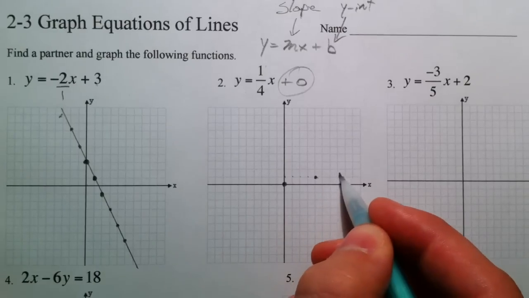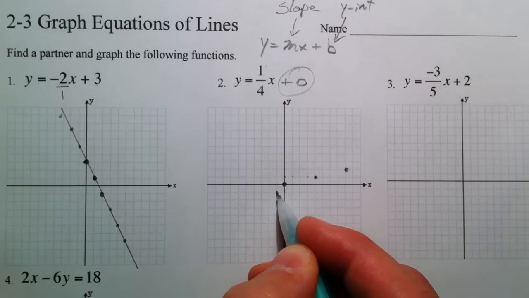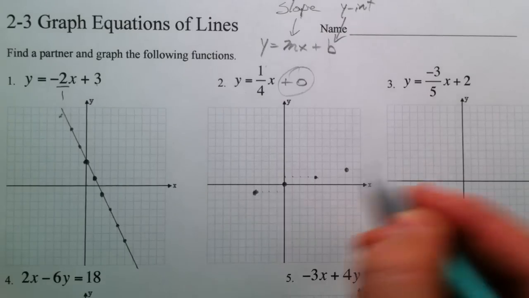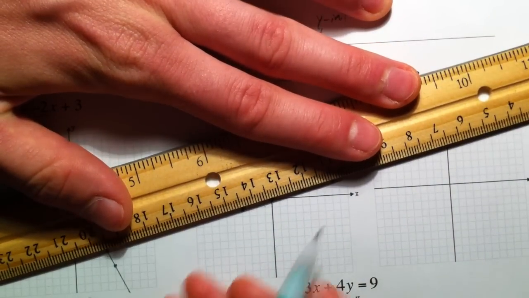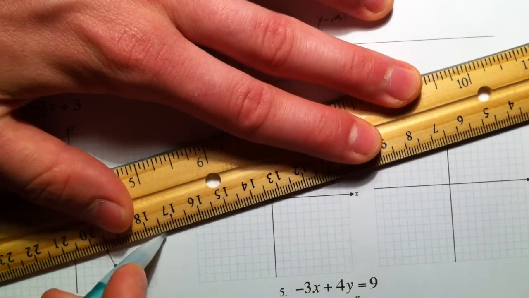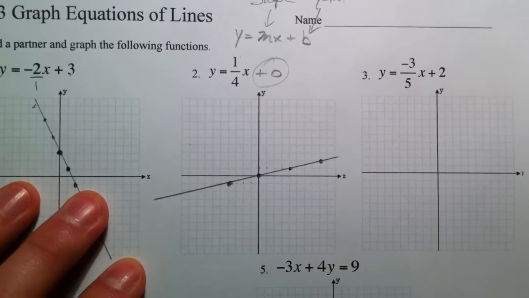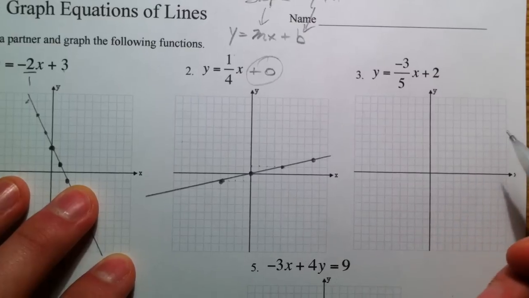You could go the other way, or you could continue, go down 1 and left 4. Remember, as time goes on, we're talking left to right, and so it's got to rise to the right if it's a positive slope.